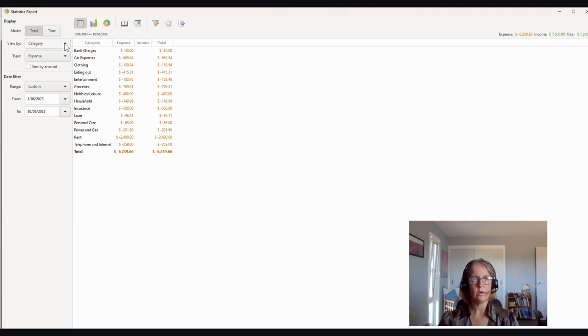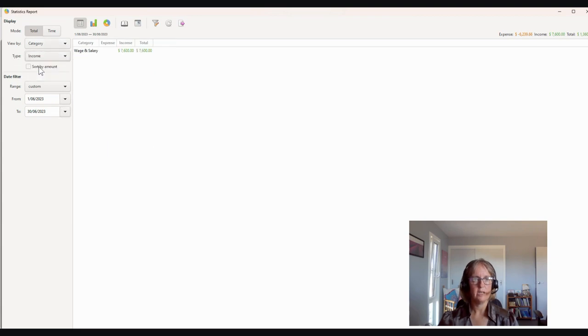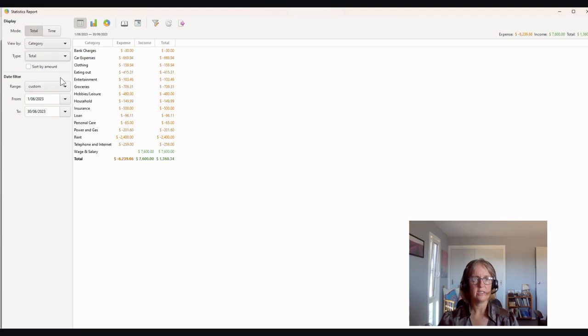If you go up the top, you can see view by category or type expense. You could just see income, just expense, or if you click total, you can see the income and the expenses, and that also gives you the amount that Abby and Sam have saved in that period. And if you go up to the right-hand side, you can also see it up the top on the right as well. So that's how you change the dates.